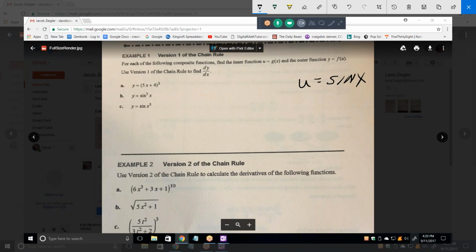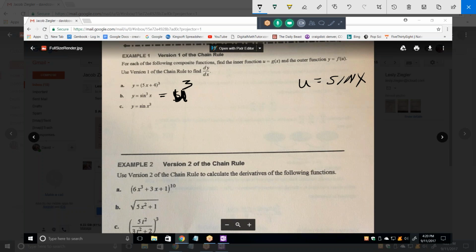And then the problem becomes u cubed, right? In other words, the difference between B and C: B means the sine of x times the sine of x times the sine of x. C means you cube x first and then you take the sine of it. So B and C are not the same by any means.